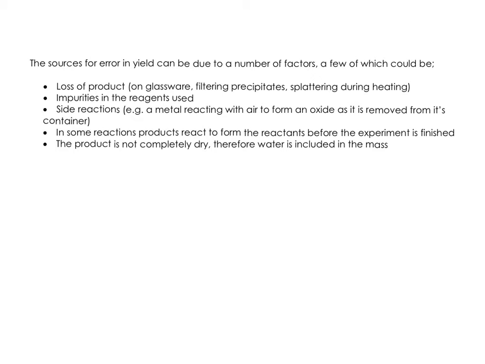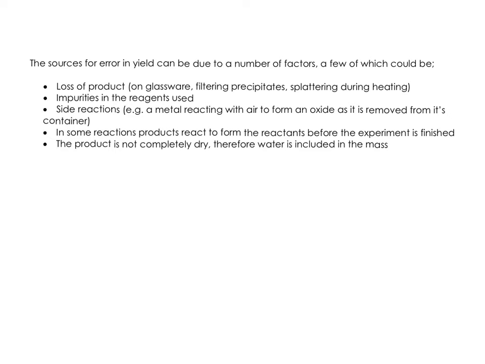Sometimes side reactions occur. You've seen this if you've looked at the Parliament building in Ottawa. The roof is, well, it's not really a tin roof, it's a metal roof and it's made out of copper. But the copper isn't brownish red in color, it's green because it's oxidized.